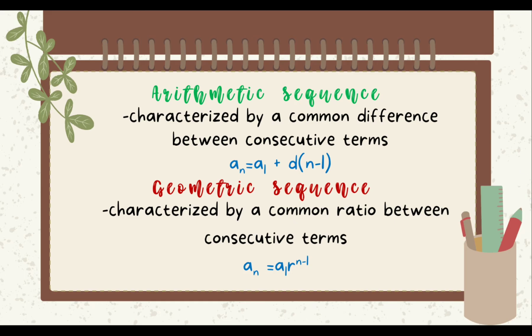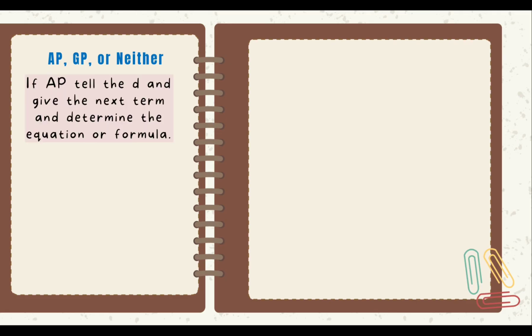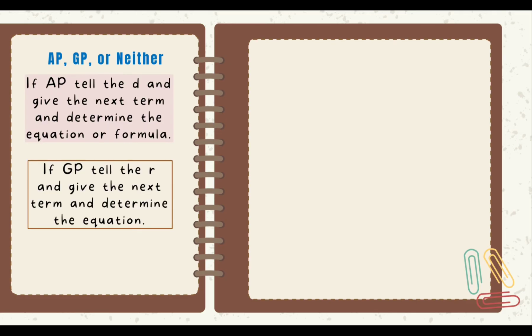So let's start with the exercises. Answering the question: is the sequence an arithmetic progression, AP, or a geometric progression, GP, or neither? If your answer is AP, follow the instruction: tell the common difference and give the next term.